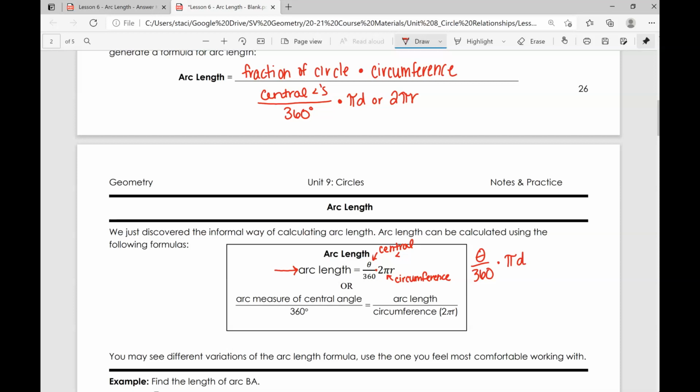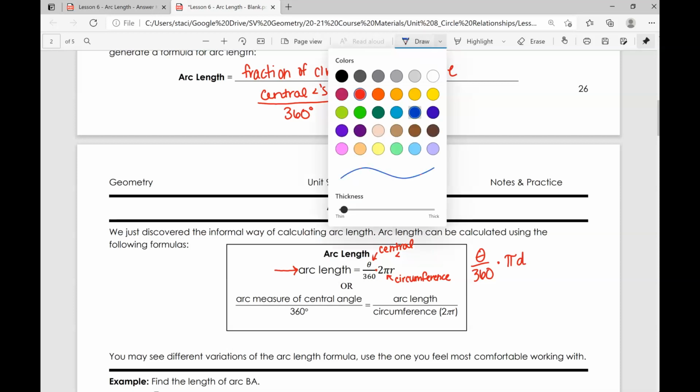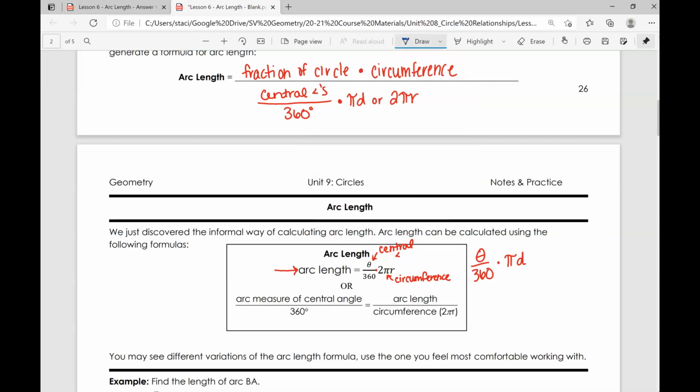Now, another way, and some students prefer this second formula, is to think of finding arc length and circumference as a part to whole relationship. So if we take the arc measure of the central angle, which is part of the entire circle, and we have 360 degrees, which is the whole circle, we have that fraction, and that would be equal to the arc length, which is part of the circle, divided by the circumference, which is the whole.